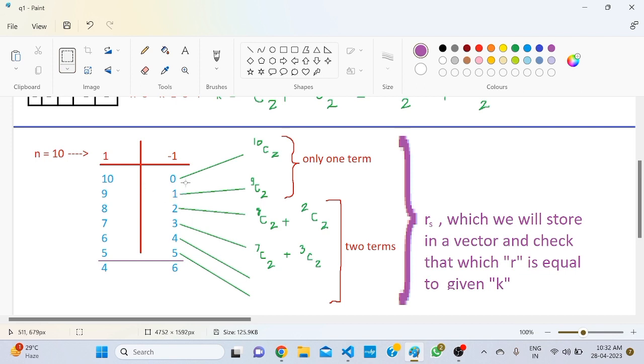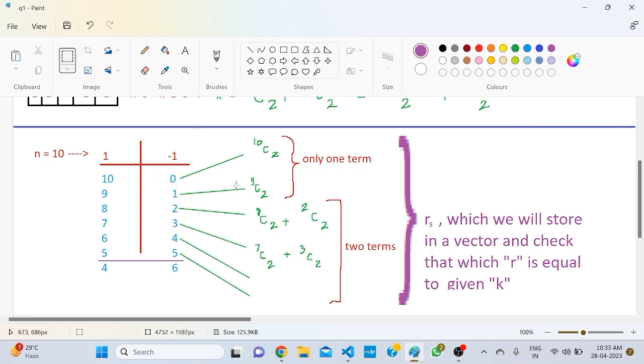Suppose our k is 0. Then our i is 10. So we will print 10 ones, and (n minus i) times minus 1, meaning 10 minus 10 times minus 1, means 0 times minus 1.